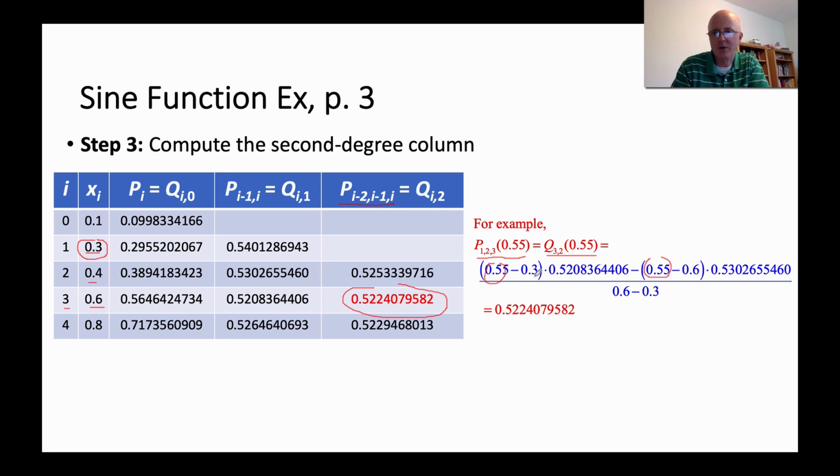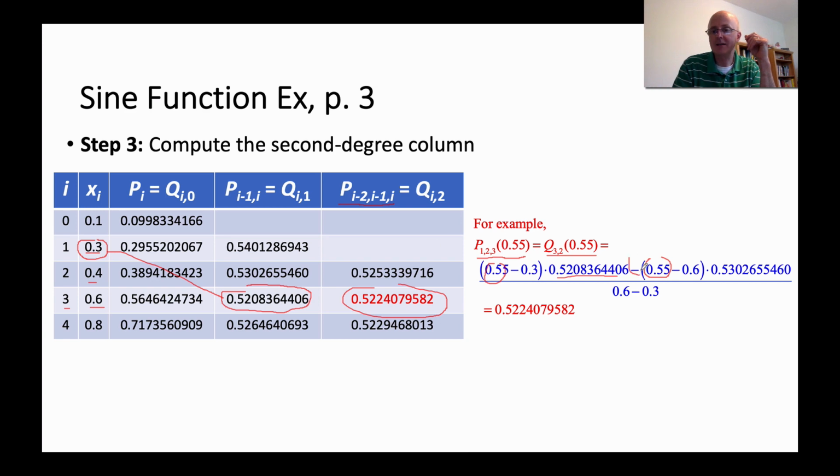That's subtracted first, times this number right here, 0.520836. That's right here. So now I'm multiplying 0.55 minus 0.3 times that. The x in my chart here gets to be bigger than before.